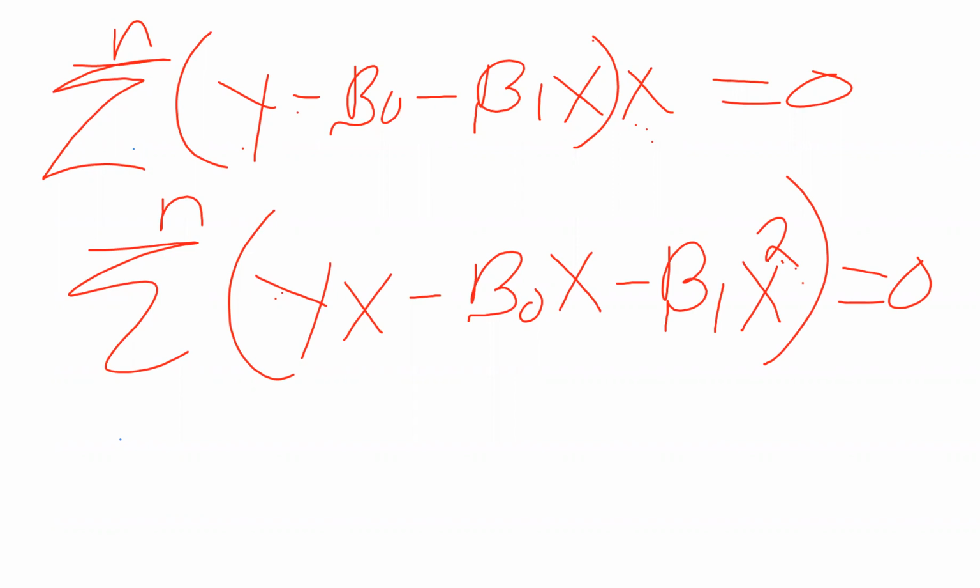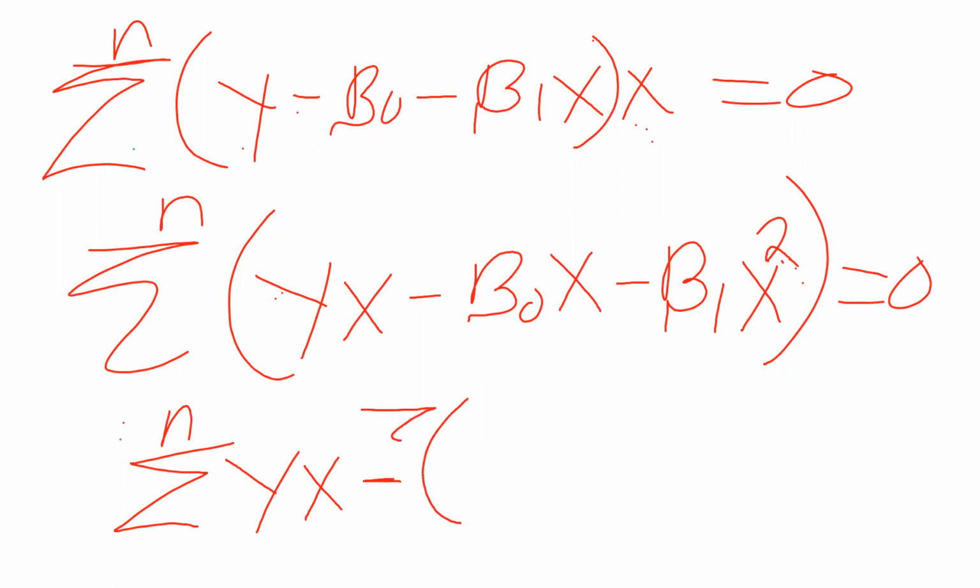And so from here, we understand better that we can easily now distribute the summation symbol. So we'll have the summation over n of yx, right? Negative, we open the bracket, negative the summation of, we open the bracket, what is beta naught? We say this is y bar minus beta 1 x bar, we close, we have x, right?